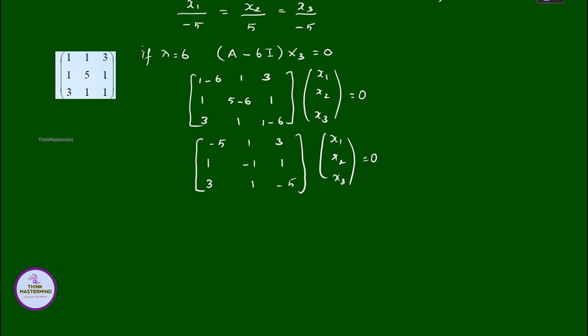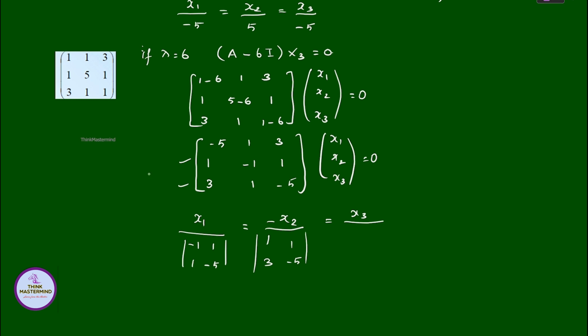Similarly, the 3 rows are different. We can choose any 2 rows. Here I am choosing the second and third. x1, the determinant of minus 1, 1, 1, minus 5, is equal to minus x2, 1, 1, 3, minus 5. x3 is the determinant value of 1, minus 1, 3, 1.